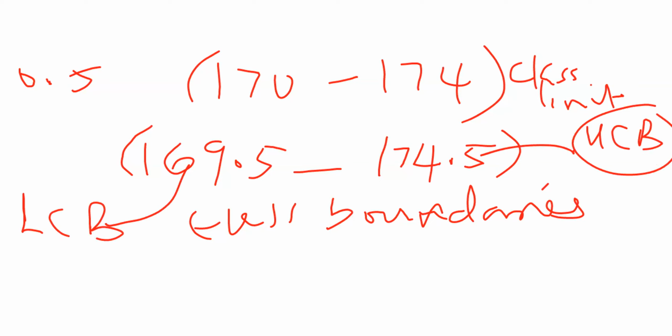The formula for mode, the formula for median has to do with boundaries. It does not work with limits. Is it clear? Yes. So we're going to find median first, then we apply the formula for median. So what we do in this case is this.